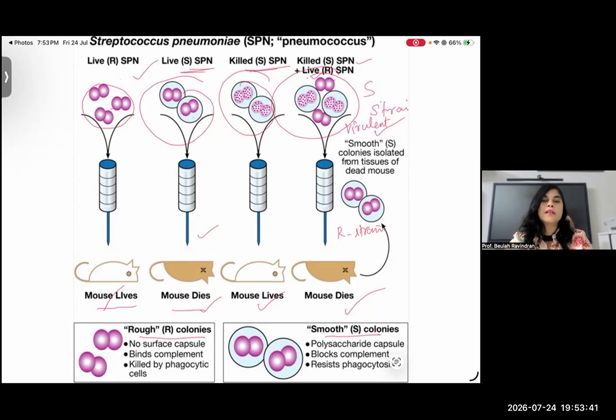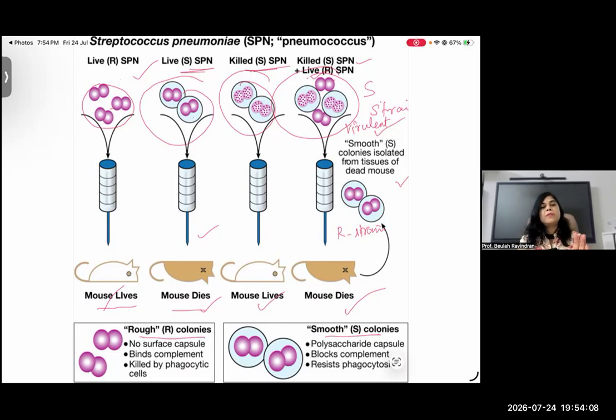So this is the greatest experiment he observed. In step 4, Griffith recovered live S strain bacteria at last. This clearly indicates that the live R strain had been transformed into live S strain bacteria. That's what he observed from this experiment.